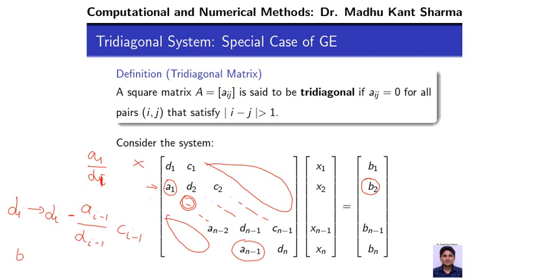Similarly, the bi's are also updated: bi minus a(i minus 1) by d(i minus 1) times b(i minus 1). These are the updated entries. For the first step i equals 2, for the second step i equals 3, for the third step i equals 4, and so on.